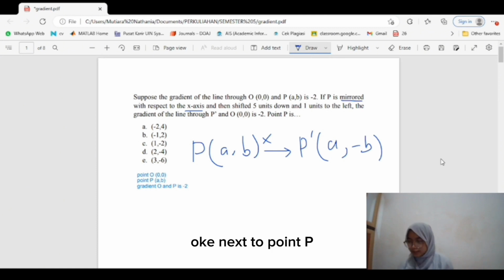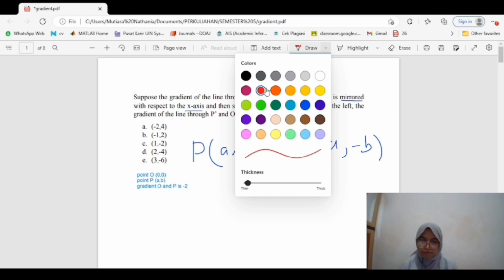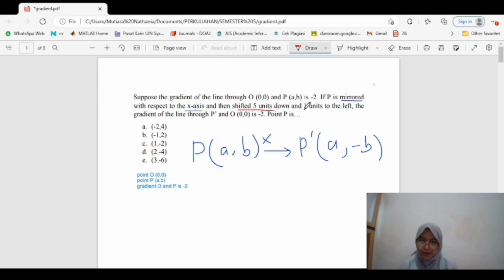Okay, next, point P is shifted 5 units down and 1 unit to the left. 5 units down means a negative sign, so it becomes negative 5, and 1 unit to the left means negative 1.